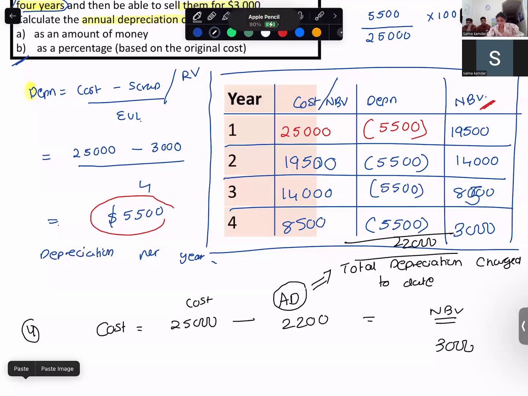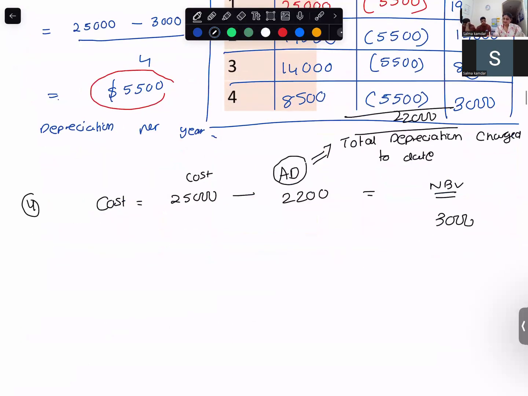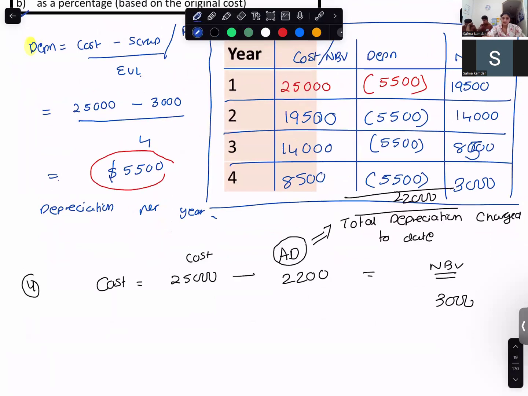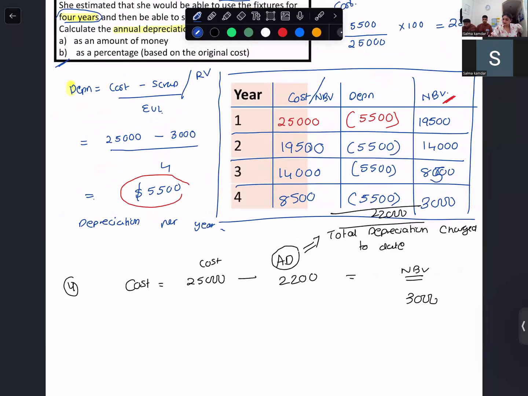For this sum, we had said that the cost of the asset is 25,000.